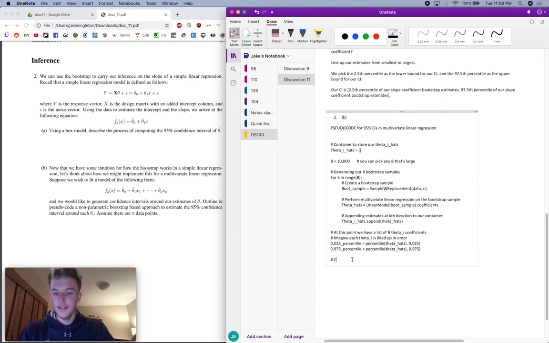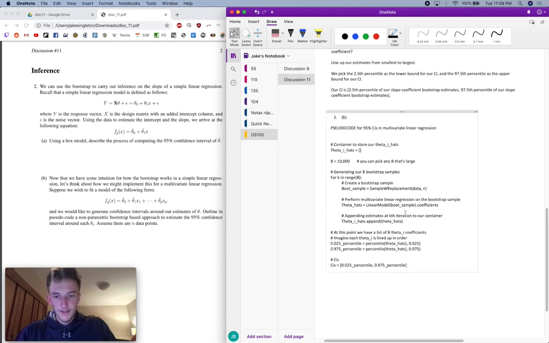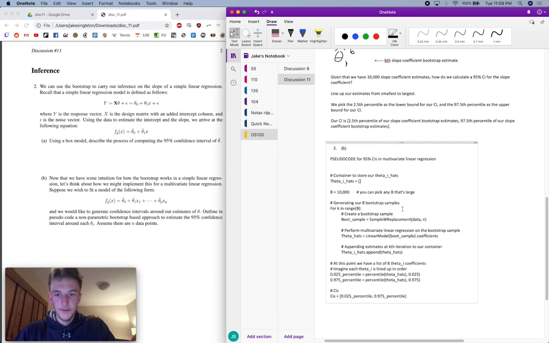If you wanted to print out the CIs, we could say our final confidence intervals are these two element lists. And so that is it. That's it for the bootstrap, and that's it for the pseudocode.